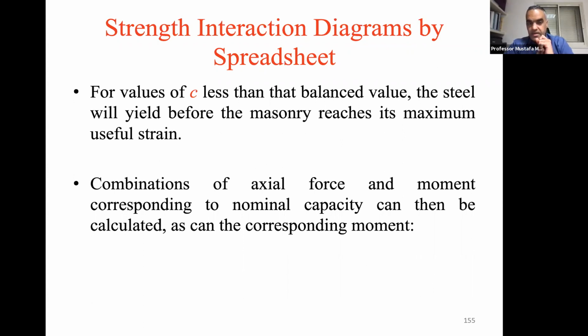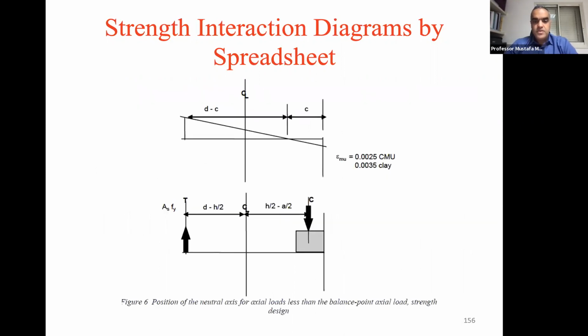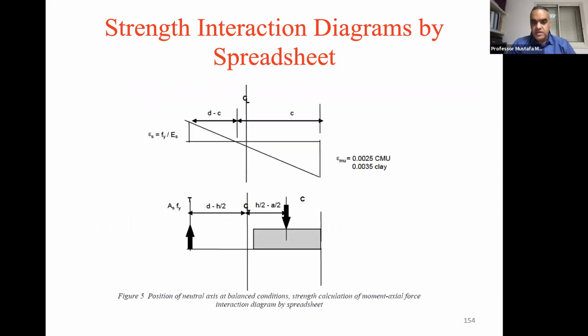If C is greater, that's an undesirable condition. Here you see we have a smaller compression block, and that's what we need. So we need to look at C values less than that, and then do the same calculations.